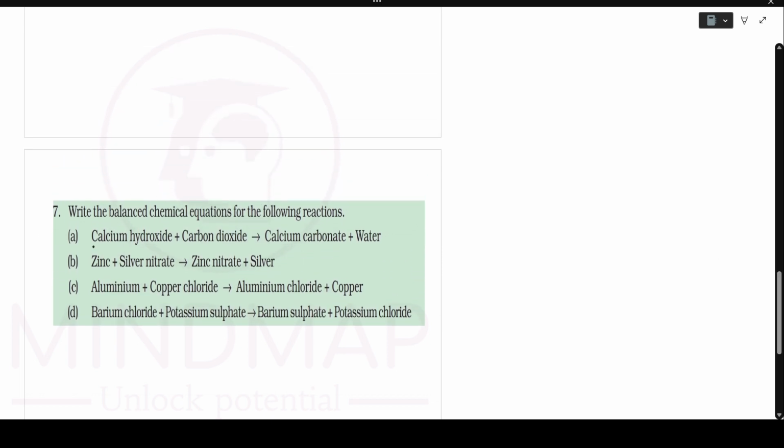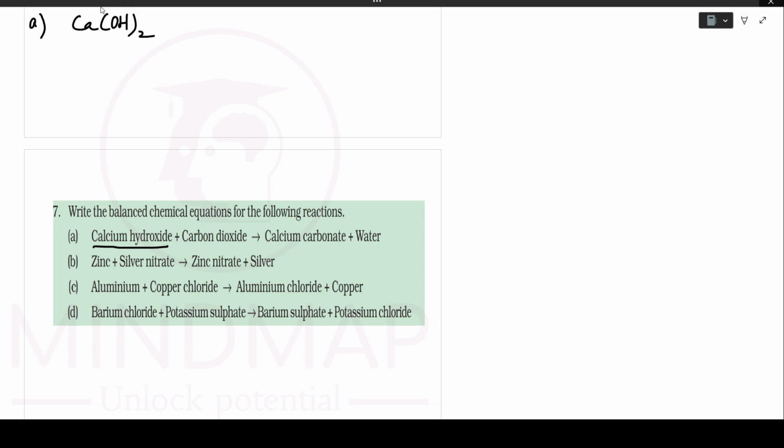Let's see, the first one is calcium hydroxide, Ca(OH)2, plus carbon dioxide, CO2, will give calcium carbonate, CaCO3, plus water, H2O. So this is your equation. Fine? Okay. Now let's balance it.